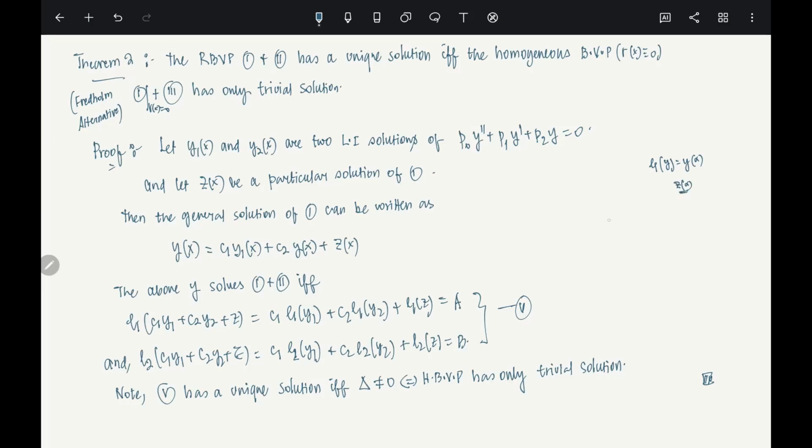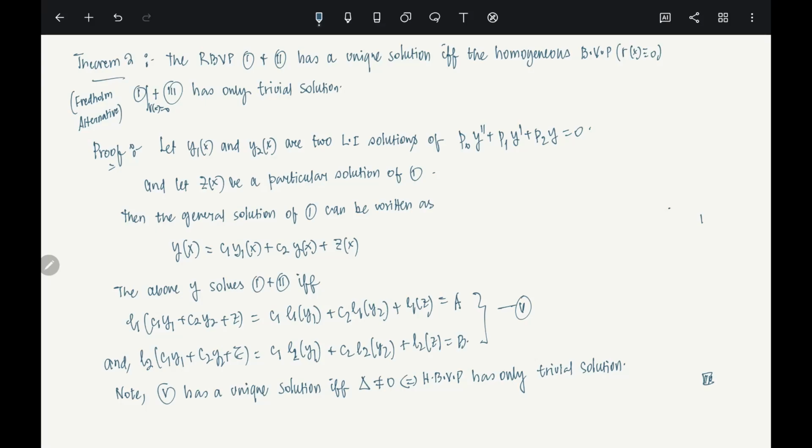So this equation will look like this: C1 L1 of Y1 plus C2 L1 of Y2 equals A minus L1 of Z, and similarly the other one is B minus L2 of Z. So this is some number. For this non-homogeneous problem, when does this equation have a unique solution? If and only if delta is non-zero.